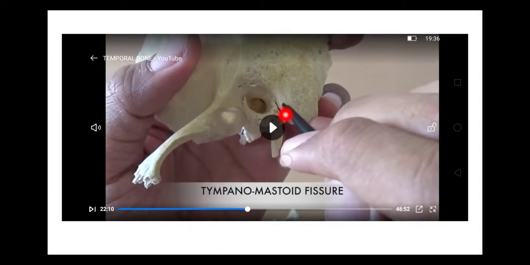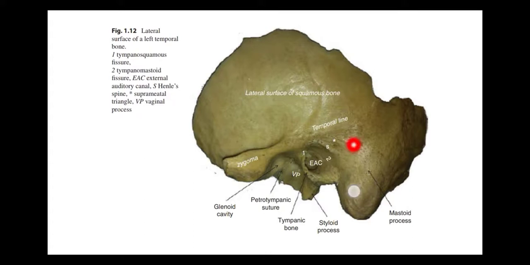This is the tympanomastoid suture between the tympanic bone and the mastoid process, the tympanomastoid fissure. This is the squamous, the tympanic, the mastoid parts of the temporal bone, the zygomatic process, and here between the squamous part of the temporal bone and the mastoid is the tympanomastoid fissure.